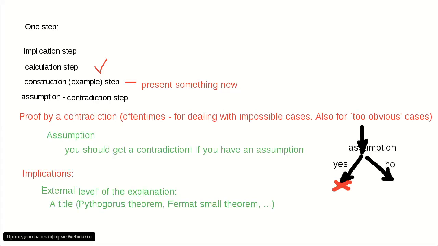Sometimes this part, clear and correct statement, could be used instead of a title, because some theorems are more famous and important than the titles they have. So some statements could be referred to just by the statement itself.